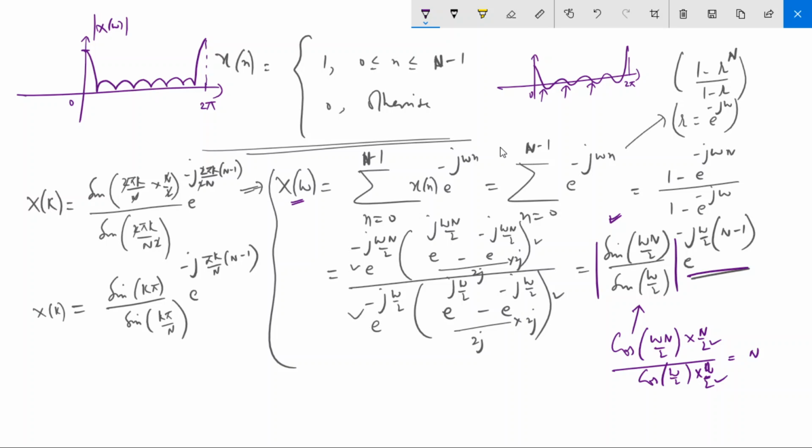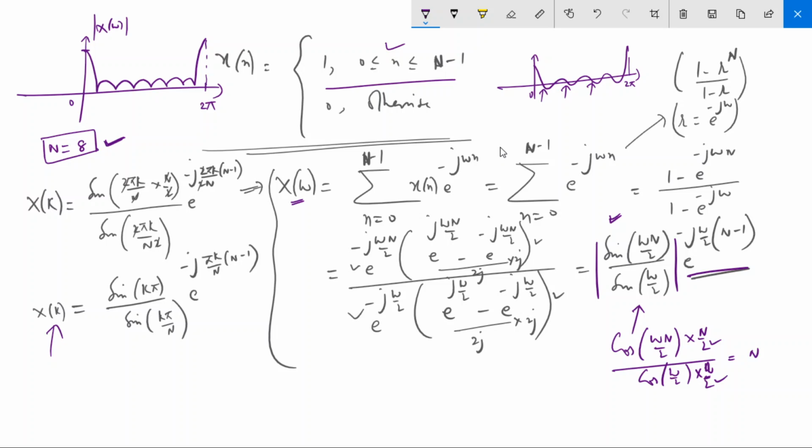Now we take one special case. Suppose N is equal to 8, so we have an 8-point sequence. It means for 0 to 7 all the samples are 1, and in the Fourier domain we are taking its 8 samples only. N is equal to 8, we are computing an 8-point DFT. This is what is called an N-point DFT if you take N samples in the frequency domain.